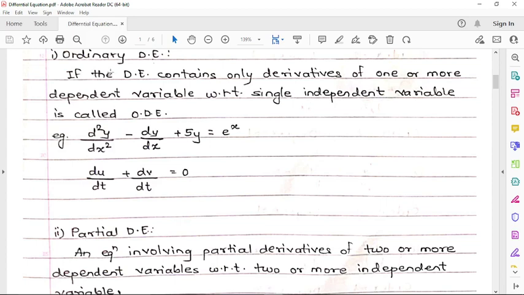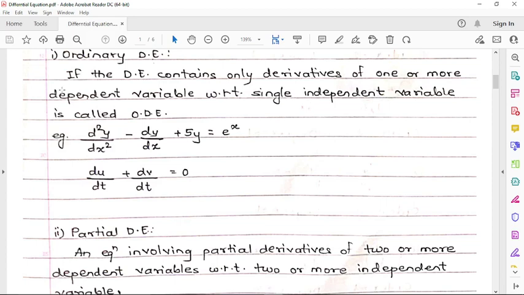Suppose you come across a differential equation and you are asked to check whether that equation is ordinary or not. Then you have to count the independent variables. If the independent variable is 1, then you can directly call this equation an ordinary differential equation. So just count the independent variables.